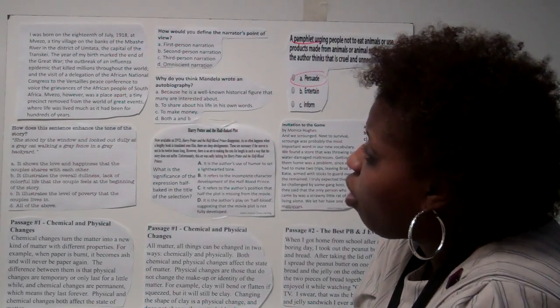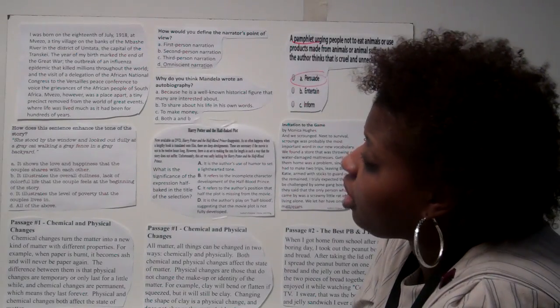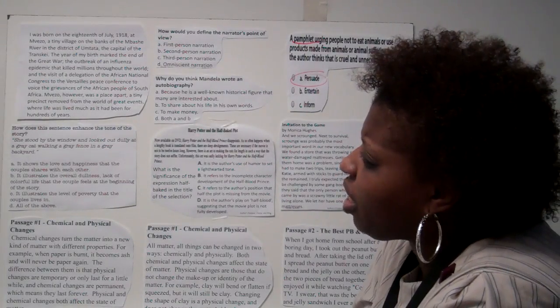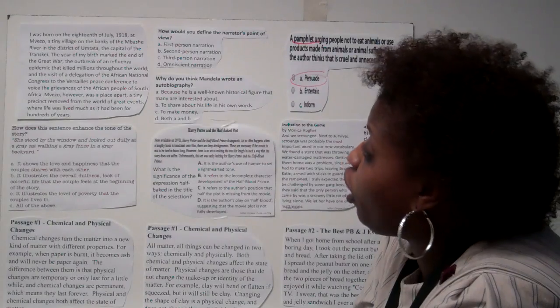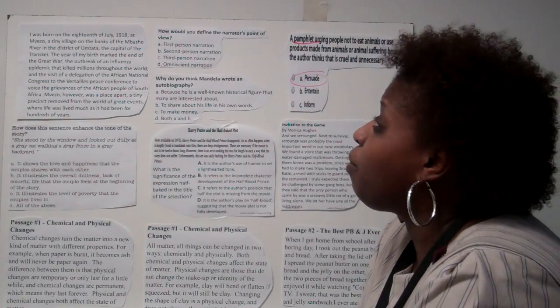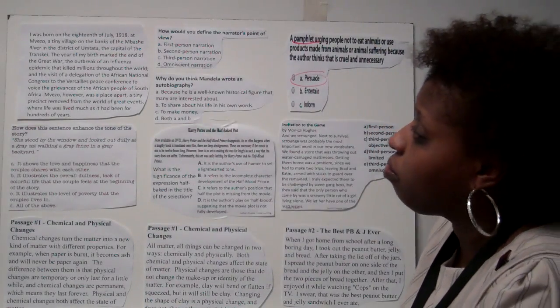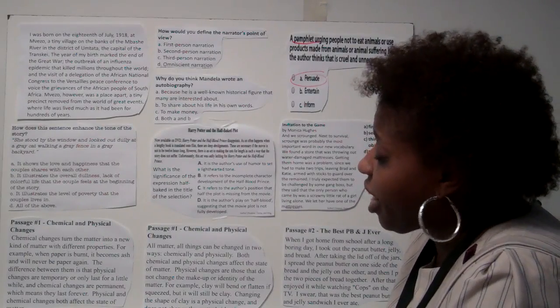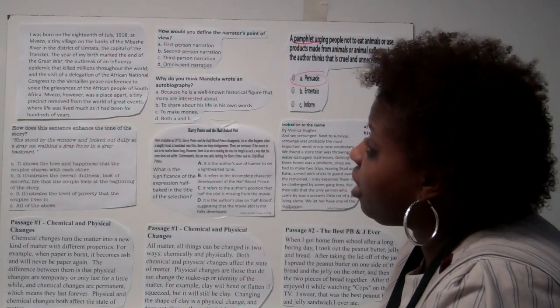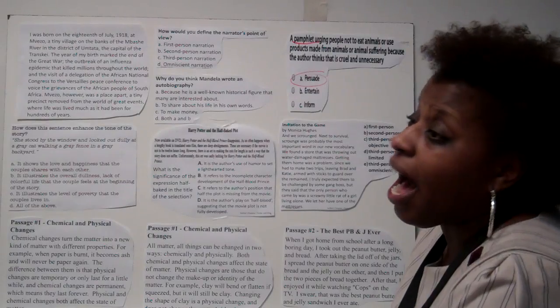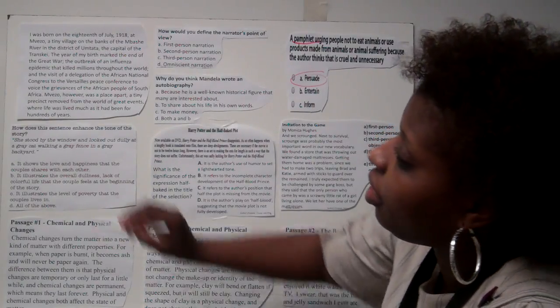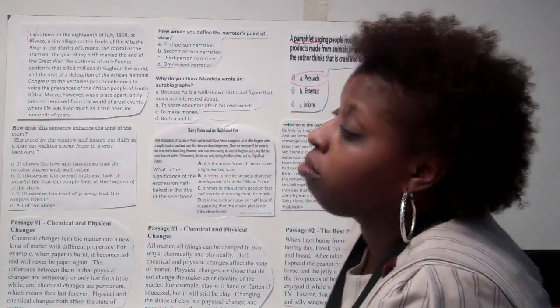Mivozo, however, was a place apart, a tiny precinct removed from the world of great events, where life was lived much as it had been for hundreds of years. So, how would you define the narrator's point of view? First person, second person, third or omniscient narration. So, I'm thinking it's first person because I see the pronoun I.